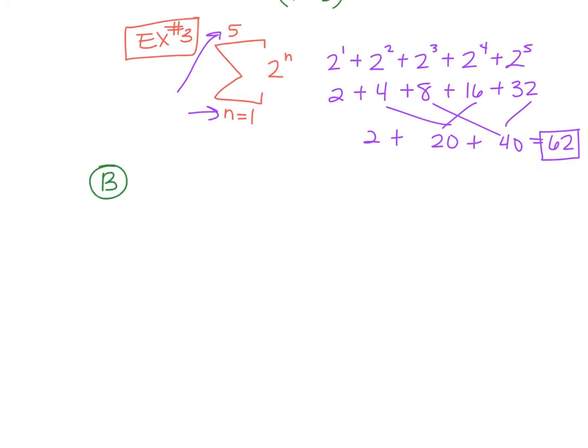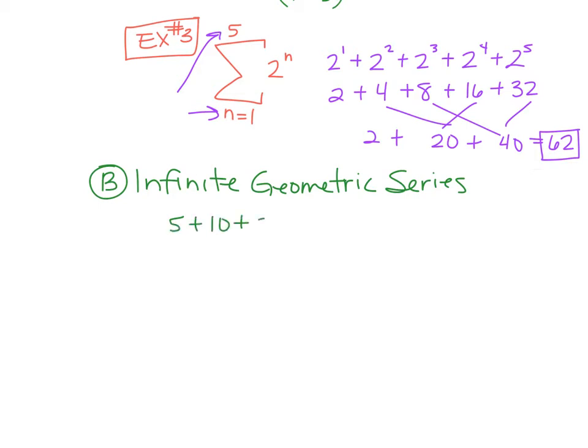Part B. We are going to do infinite geometric series. Okay, so that would be like 5 plus 10 plus 20 plus 40 plus 80 and so on and so forth. Okay, it keeps going.